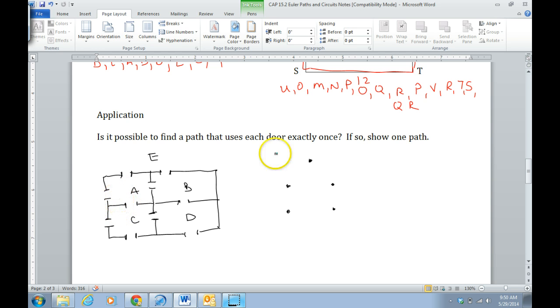Okay? So here I made a little graph of all the points, being A is one vertex, B, C, D, and then E is the outside point. So first of all, let's draw our graph. I can go easily from A to C to D to B to A again, because they all have these doors, right?